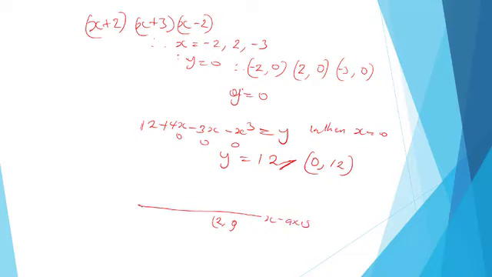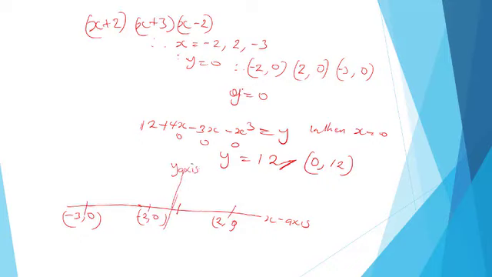These are the x axis, and when you come down here, this is our y axis, so we have minus 2, 0 and minus 3, 0.